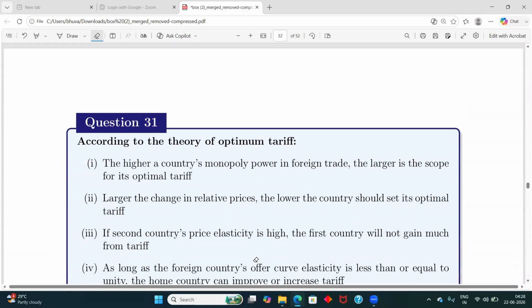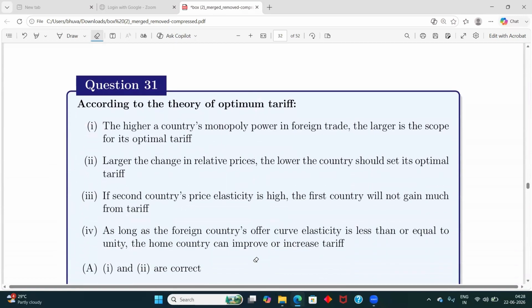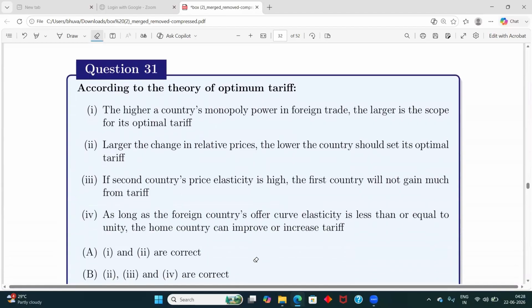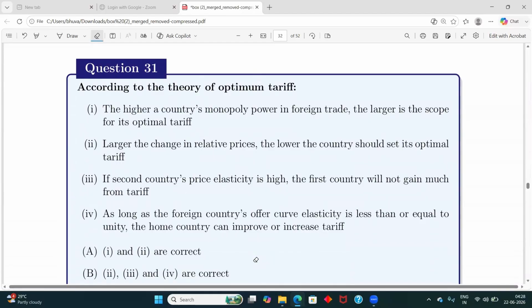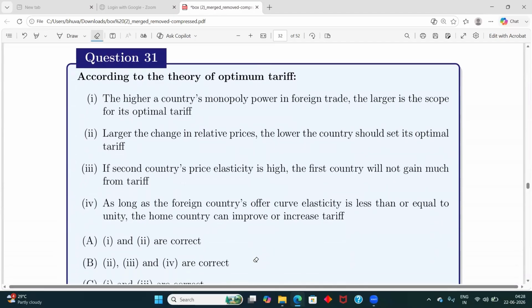According to the theory of optimum tariff: Statement 1, the higher a country's monopoly power in foreign trade, the larger the scope for its optimal tariff. Statement 2, the larger the change in relative price, the lower the country should set its optimal tariff.